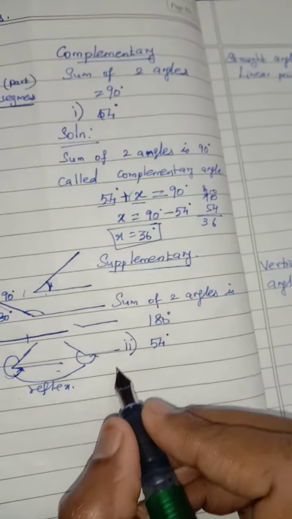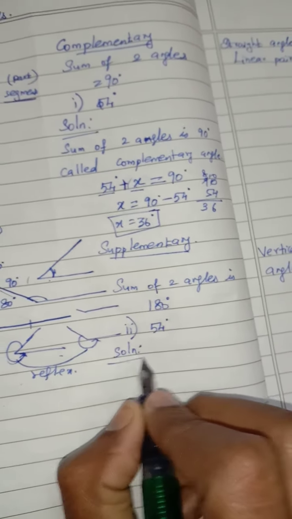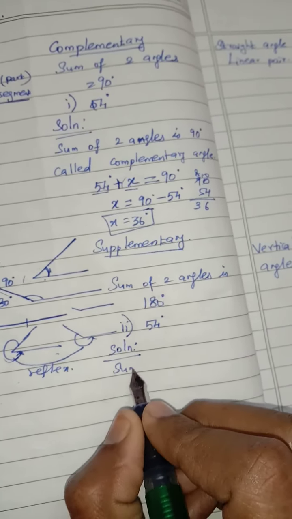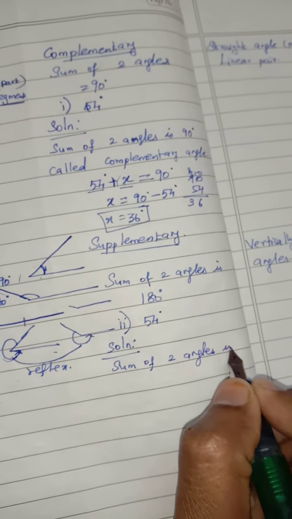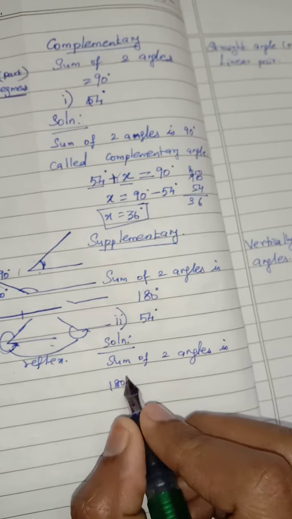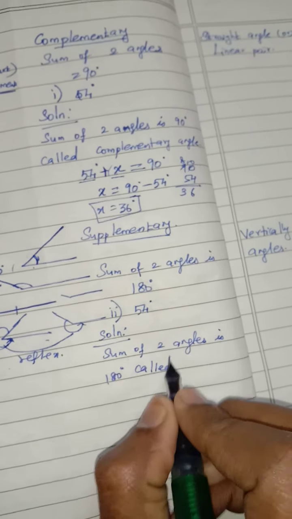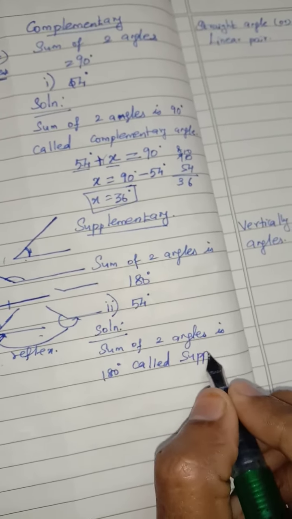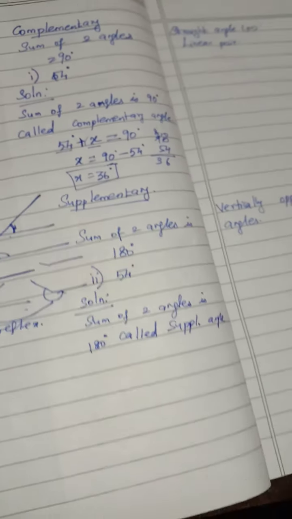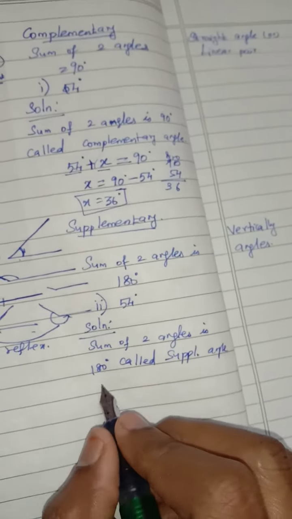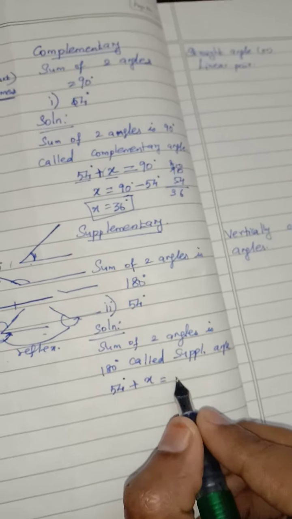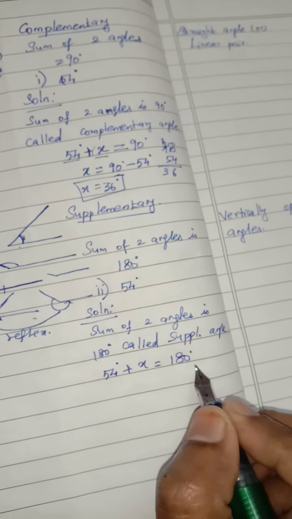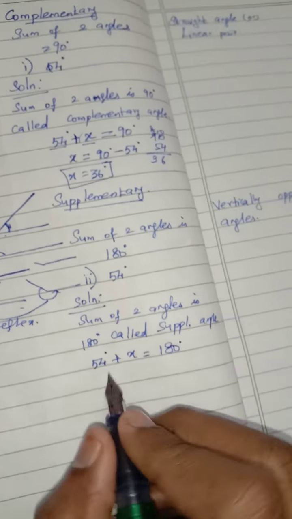What do we want to write first? We want to write the formula. What is the formula? The sum of two angles is 180 degrees, called supplementary angles. What are the angles? One is 54, given, and one more we don't know. It should give 180 degrees. This is the property for supplementary angles.